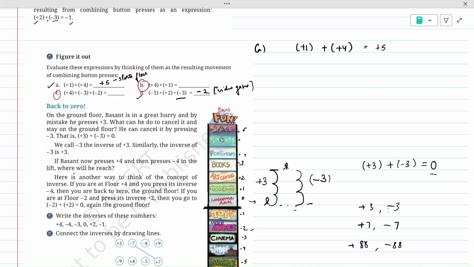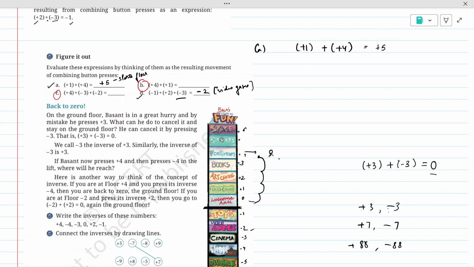Now, in the second scenario, Basant presses plus 4. That means after pressing plus 4, he will reach 1, 2, 3, and 4. He will reach the ice cream point here and then presses minus 4.